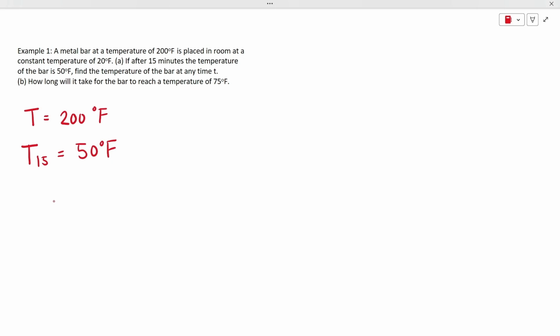And now we need to find the time where the bar reached a temperature of 75 degrees Fahrenheit.